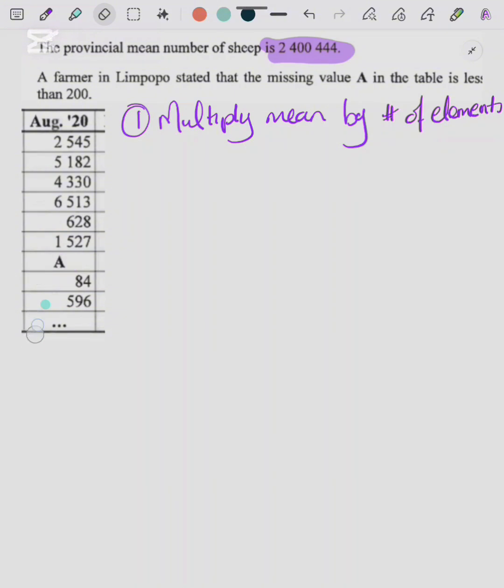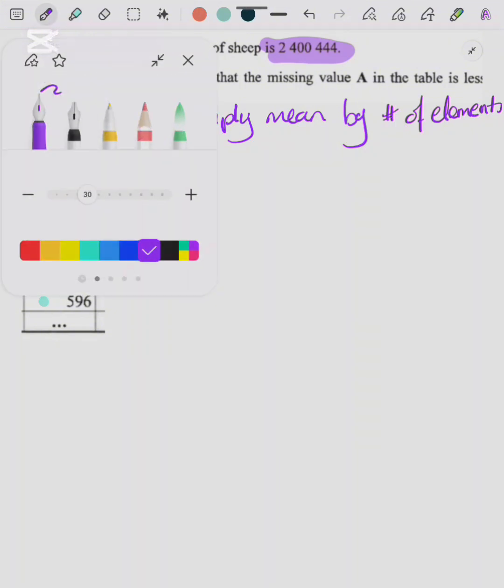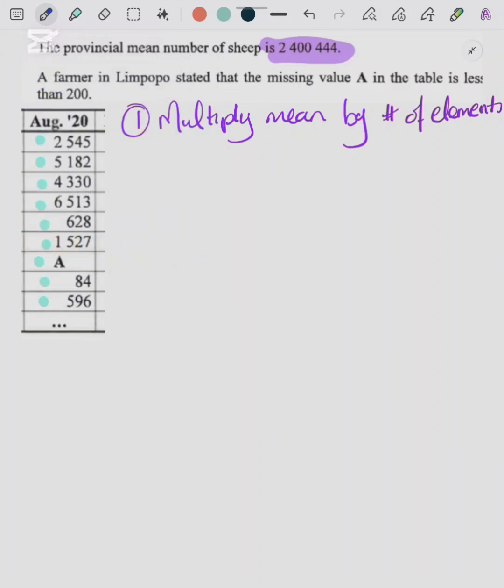And if we look at our table over here, and I just count my way up, 1, 2, 3, 4, 5, 6, 7. I'm including the A because we know they used that when they found the mean in the first place. 8, 9. So I'm going to start by multiplying my given value, the mean of 2,400,444, and I'm going to multiply it by 9 because I have 9 numbers in my data set.